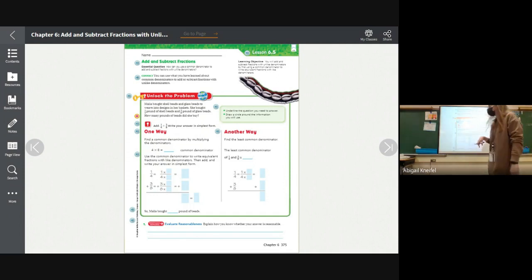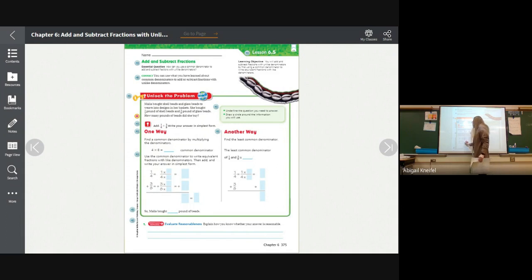Hi, friends. Anyways, we're going to skim through this one real quick because Mrs. Kneifel does not love the first way. I think it's harder than the second way, and we really focused on the second way last week. So the first way, you could multiply the two denominators together, which is 4 times 8, which is 32. And then you multiply this times 8, you would multiply this times 8, and we would have 8 over 32.